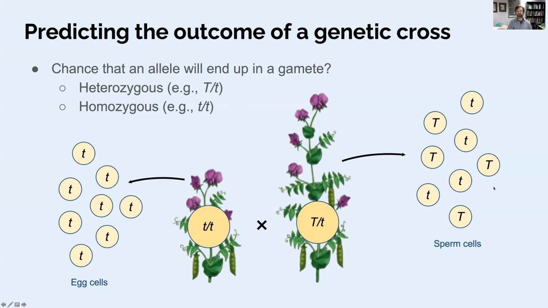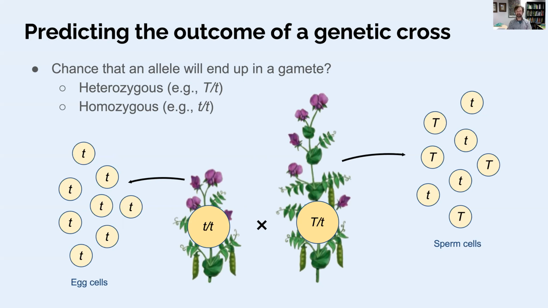By the rules of meiosis that we'll see later in the semester, the gametes produced that have a big T are equal in number to the gametes that are produced with the little t. And so however many gametes you make, roughly half of them should be big T and half of them should be little t.